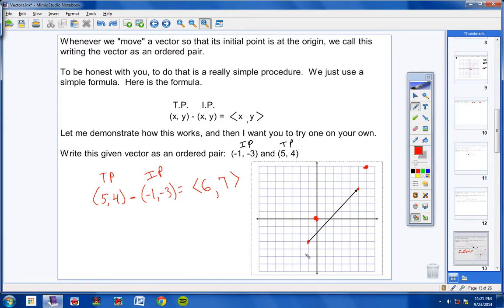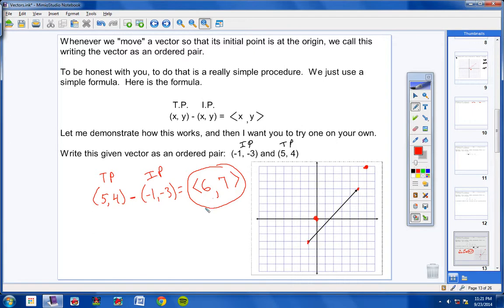All right, so listen. This vector right here that has an initial point at -1, -3 and a terminal point at 5, 4, this vector right here is the exact same vector written like this. And when you see those arrows and this ordered pair, then you automatically know the initial point is at 0, 0, and the terminal point is at 6, 7.